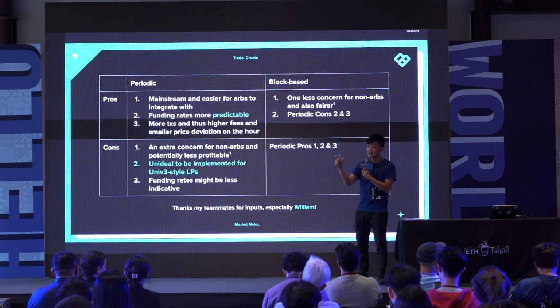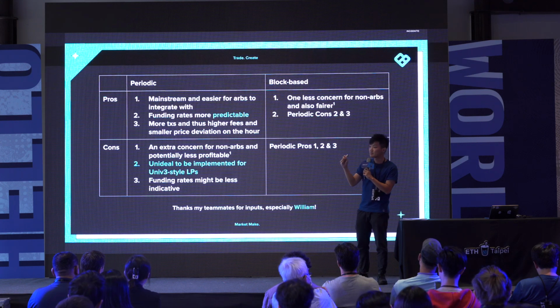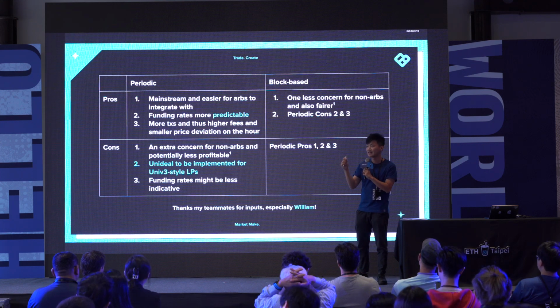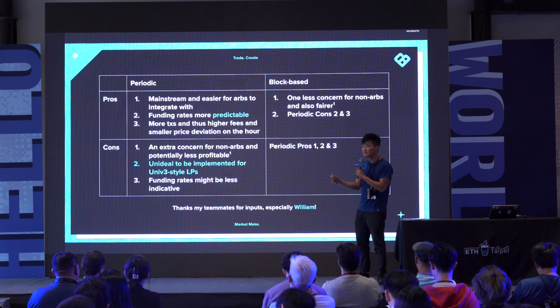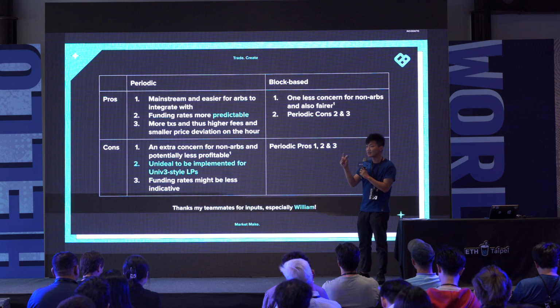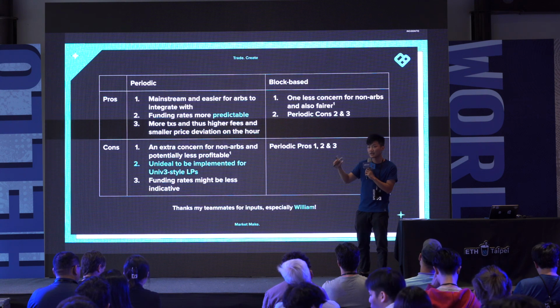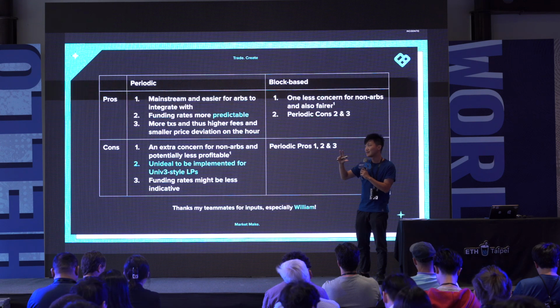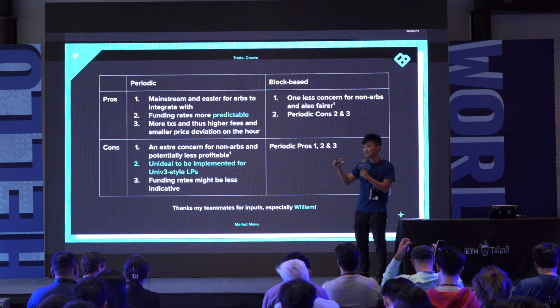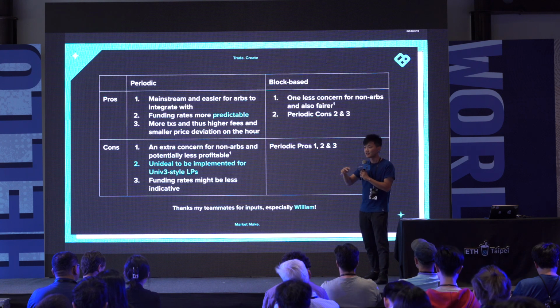If the price gets into the customized range, then the balance between two assets, let's say an ETH and USDC pool, will fluctuate as long as the price stays in the range. However, once the price goes out of the range, the asset balance remains untouched after the price goes out.